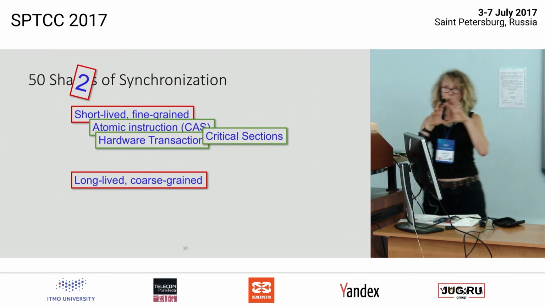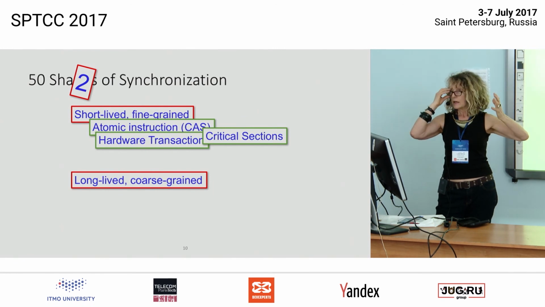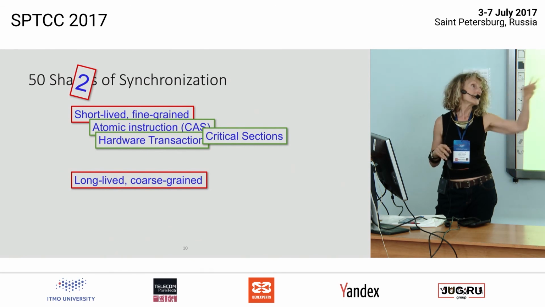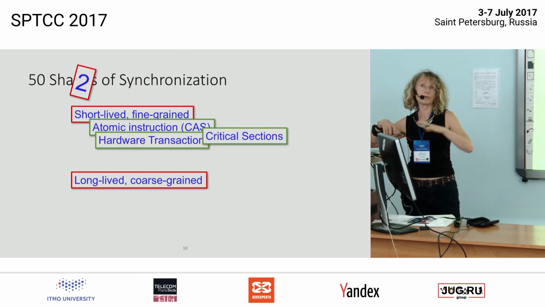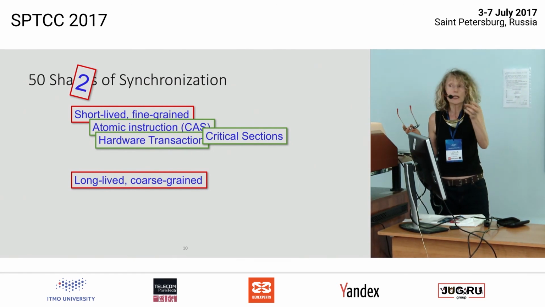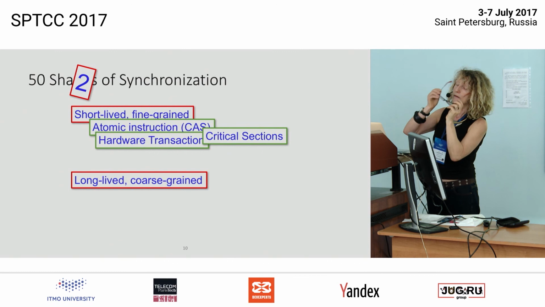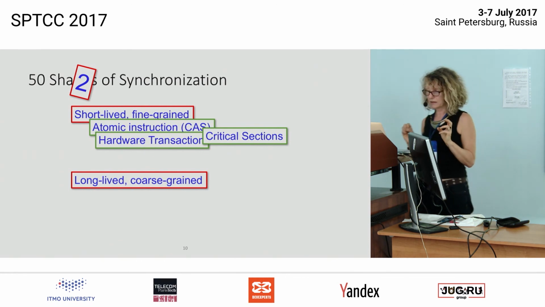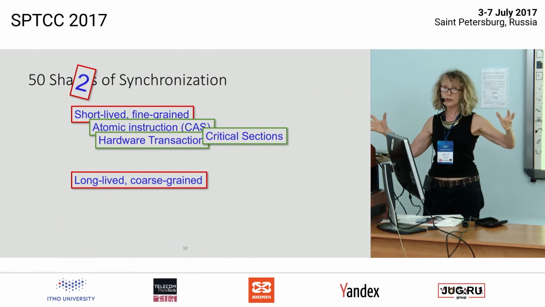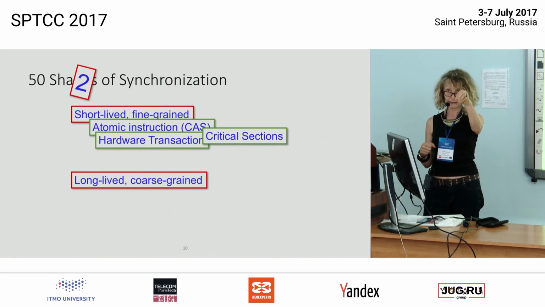And long-lived, coarse-grained transactions are used, for example, for moving elements from a tree into a hash table or doing multiple operations, application level transactions that use those data structures, right? So we have short-lived, fast, fine-grained atomic sections for data structures and long transactions. And what we want is to take advantage of the data structures in the long transactions.